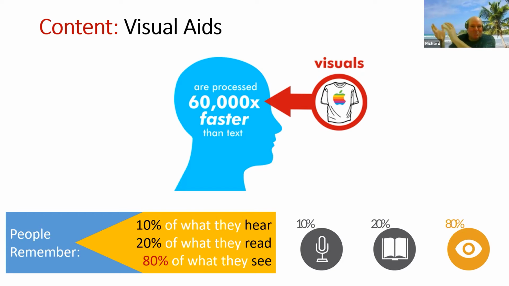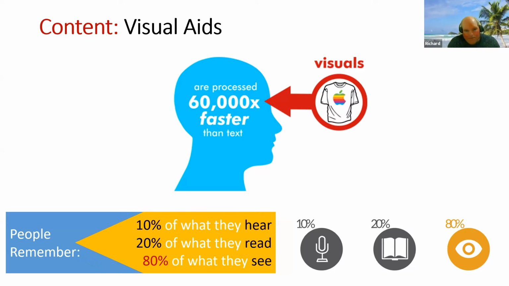It could be a pie chart. It could be, I don't know, an image of some people talking, whatever it may be that is about your topic. And it can be just some keywords, as we saw before, or even just some short statements about that main point that you're talking about.